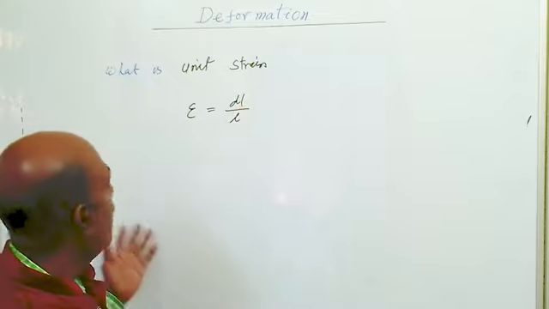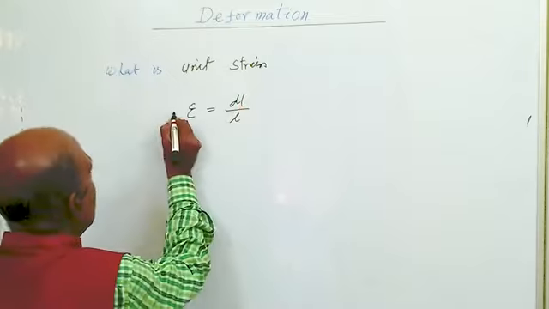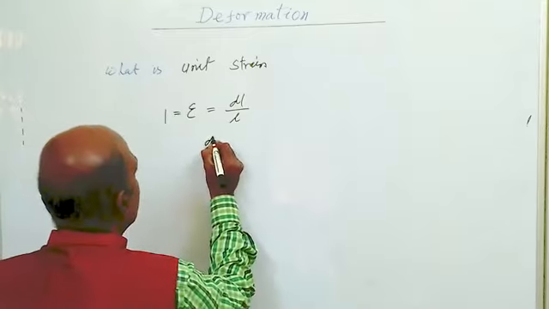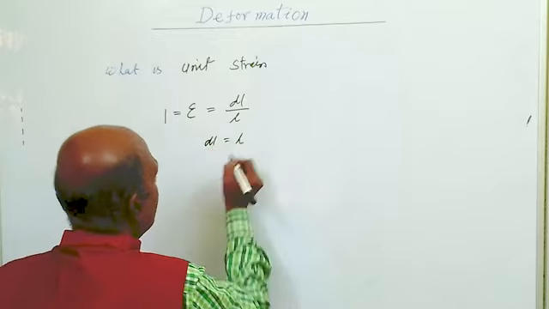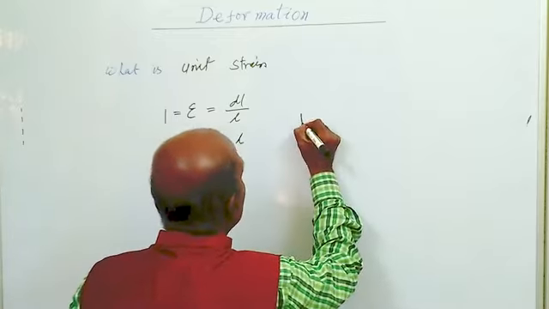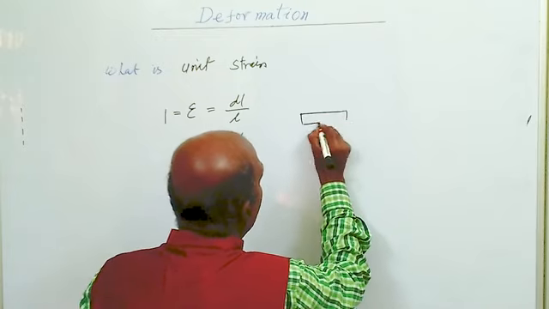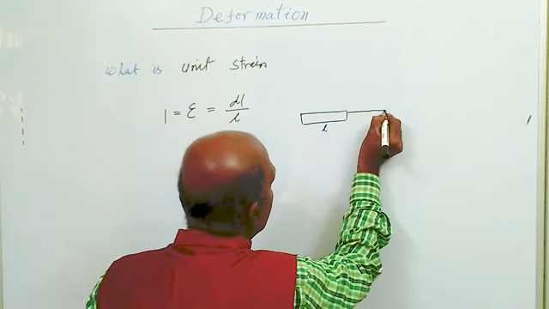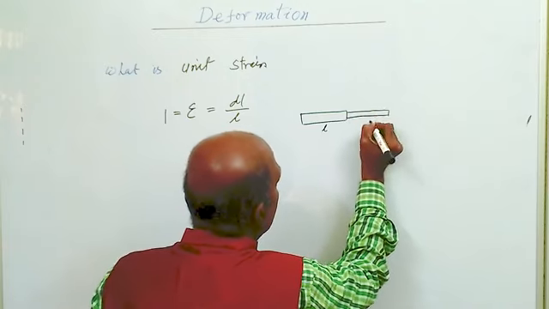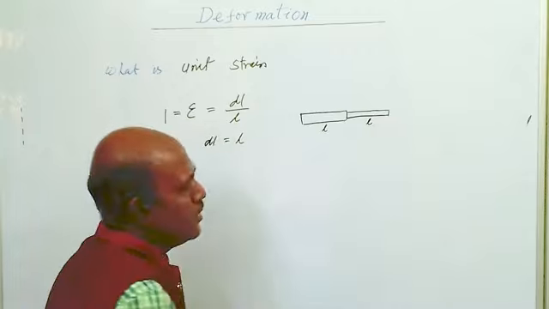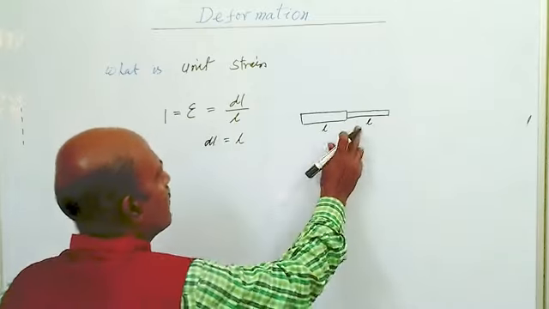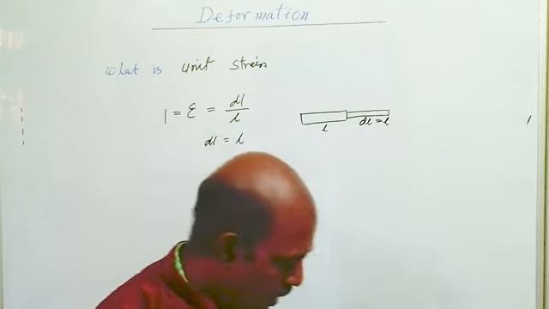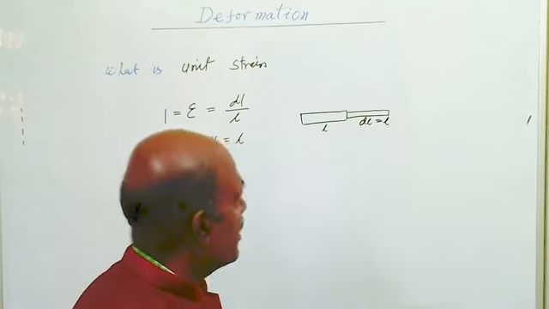Now when epsilon becomes 1, that is called unit strain. So dl is equal to L, or in other words, when a body of length L is pulled in such a way that its length becomes 2L, then the strain produced is called the unit strain. This is the deformation, dl equal to L. So this term is called unit strain.